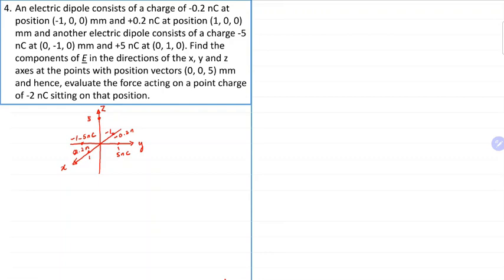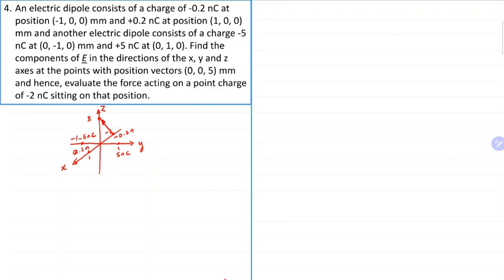Okay, so taking my first point. It's difficult to draw out everything in three dimensions, so I'll just draw one to give some idea how the vector looks. This is my position, and this is my vector pointing from my first charge to the position of observation.